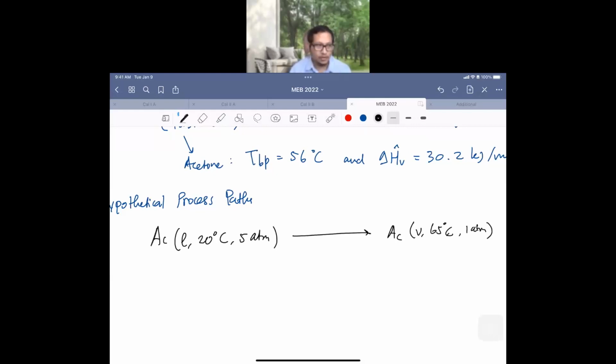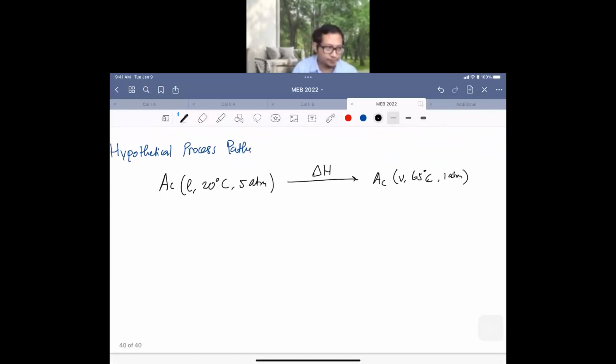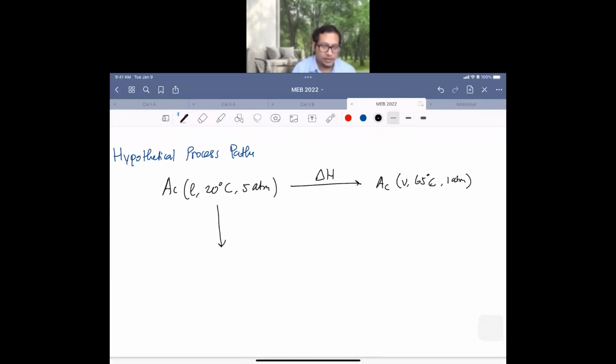This is our delta H. First we have a change in pressure: let me change to liquid, 20 degrees Celsius and 1 atmosphere.